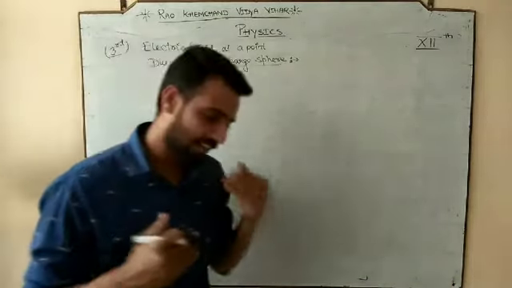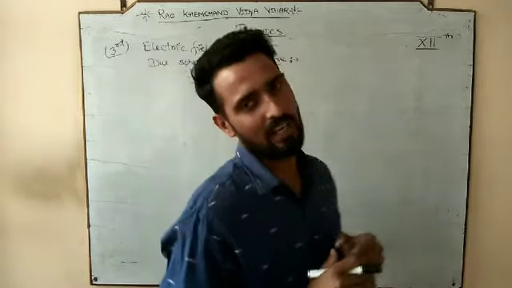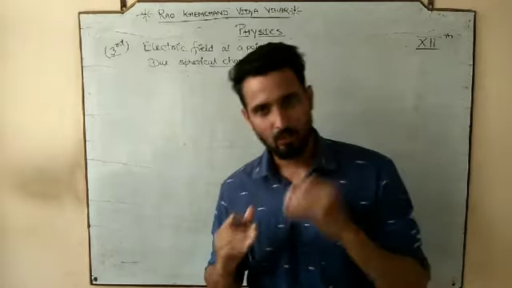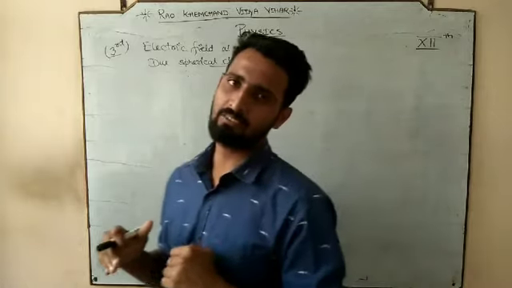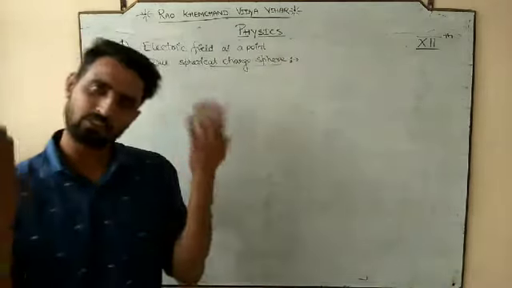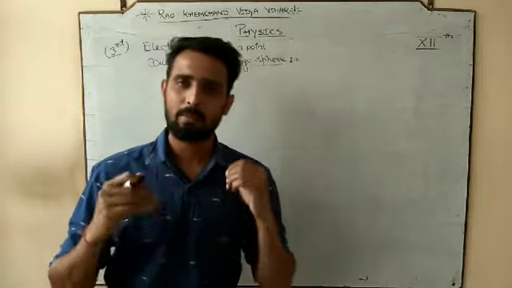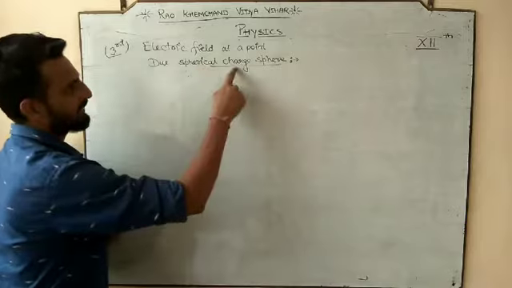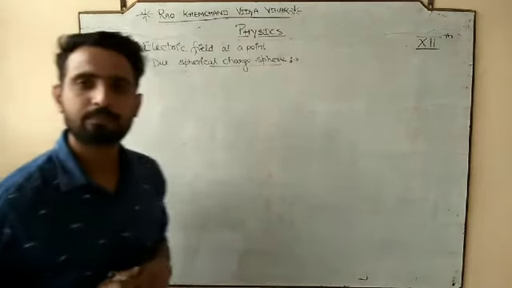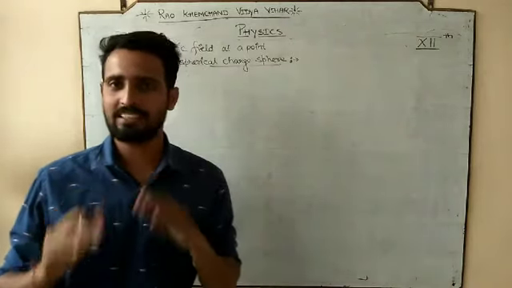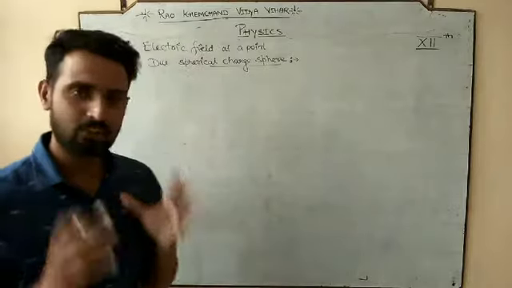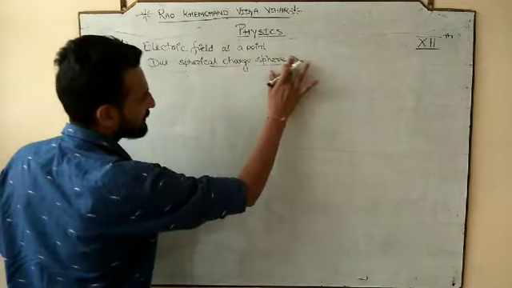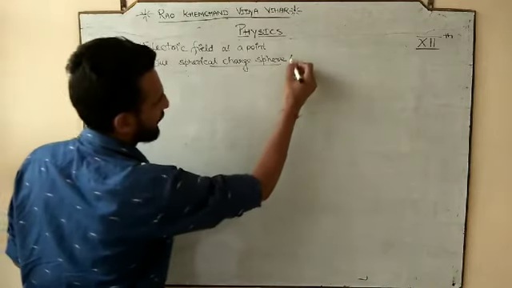So here we are again going to find the electric field at a distance of, let's suppose, small r. But in this case, the body is going to be a spherical charged sphere.